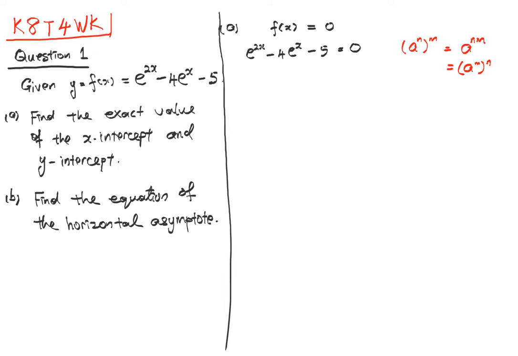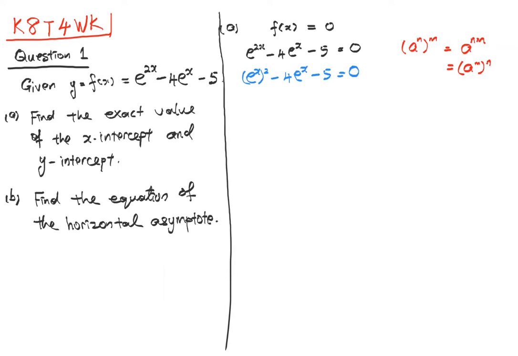So I'm going to do this, rewrite this as e to the power x, then square. Take away 4 e to the power x minus 5 equal to 0.